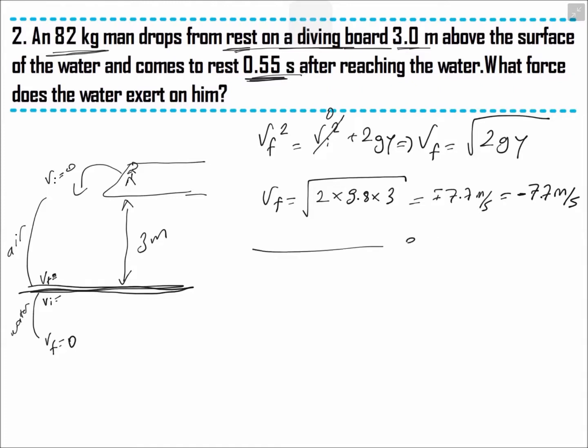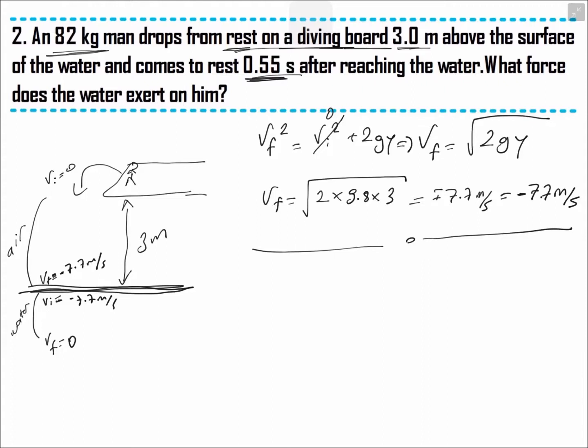And then it's asking what is the force exerted on him. For the air final and for the water initial, the velocity will be the same, negative 7.7 meters per second.